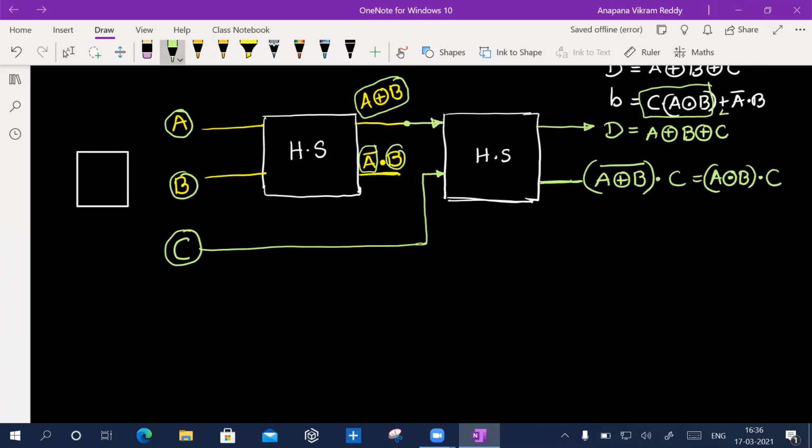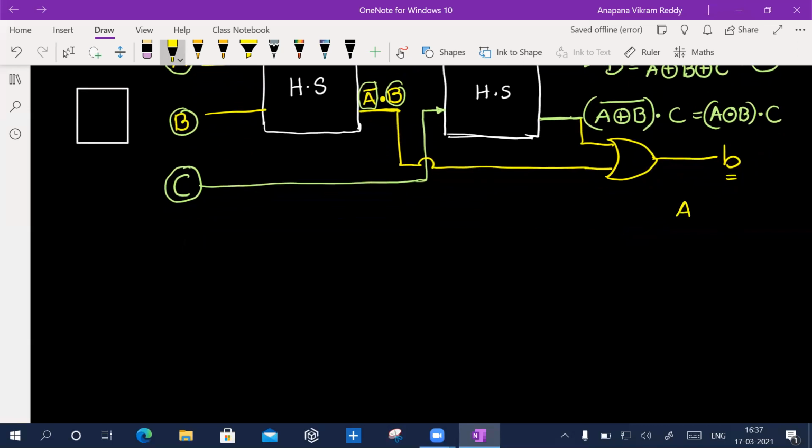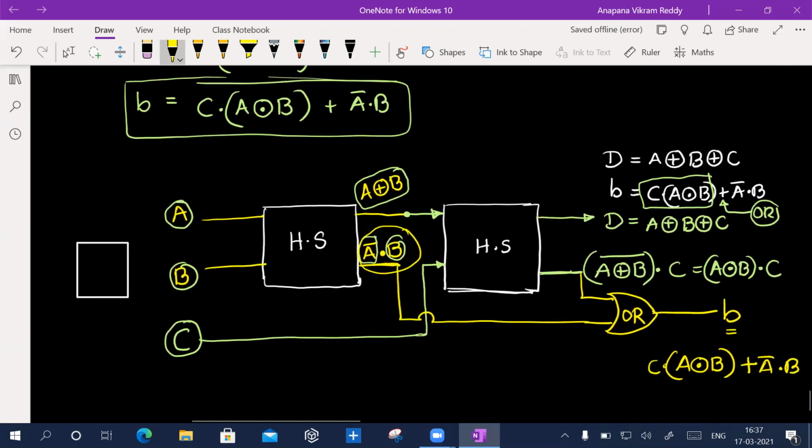Now I need one OR gate here. So without much ado, I'll take one OR gate, and this is B, where B is equal to A exclusive NOR B and C, and OR means plus this one, this guy, that is A complement and B. And that is what you have here, right?